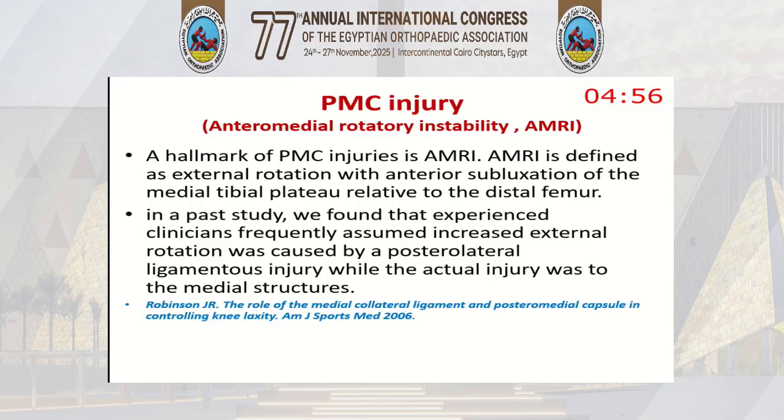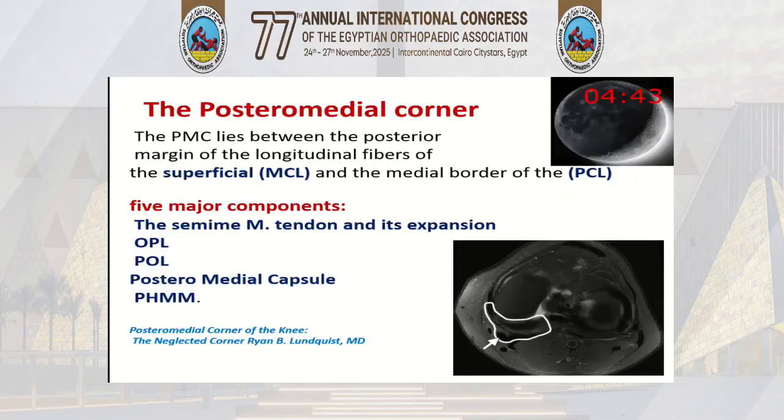Also, in posteromedial corner injury with anteromedial rotatory instability, in the past we assumed that all external rotation was due to posterolateral corner injury, which actually is due to the medial structures, as evidenced by Robinson.